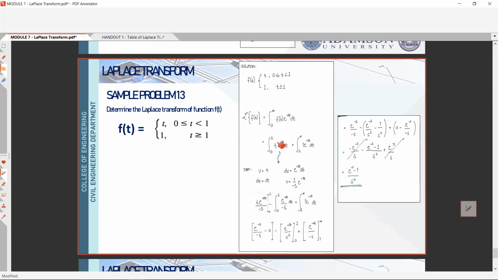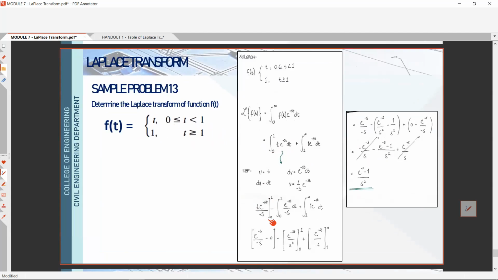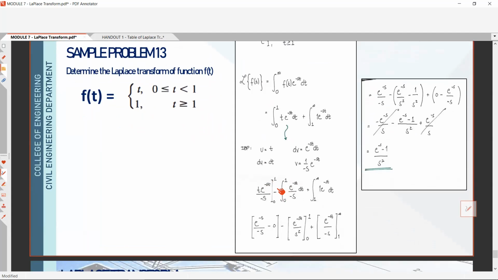We already derived this earlier. We gave an example of this earlier, right? What is the integration by parts of this one? You already know that. It becomes this, these two, and that is its integration by parts. Then the other one, e raised to negative st dt.